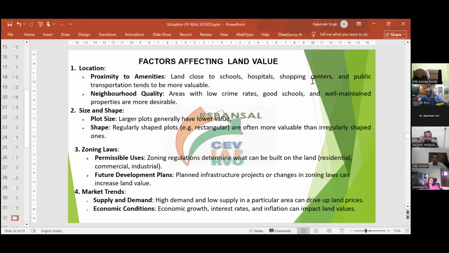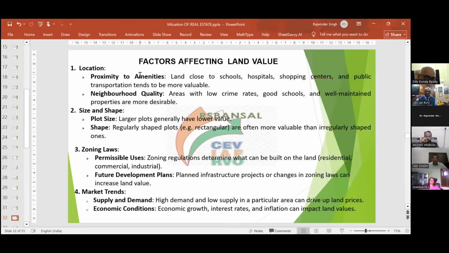Next is what are the factors that affect the land value. First thing is location. So value of the land will be affected by the location.